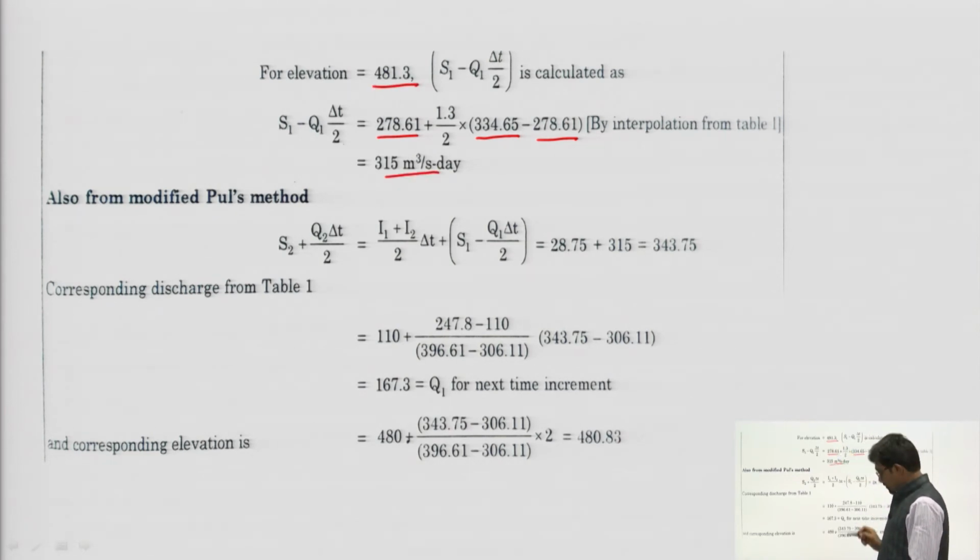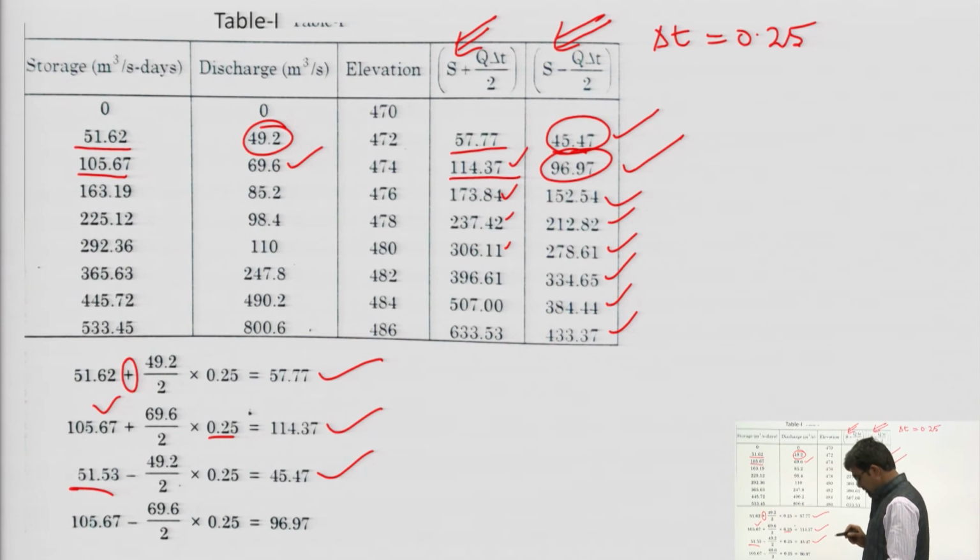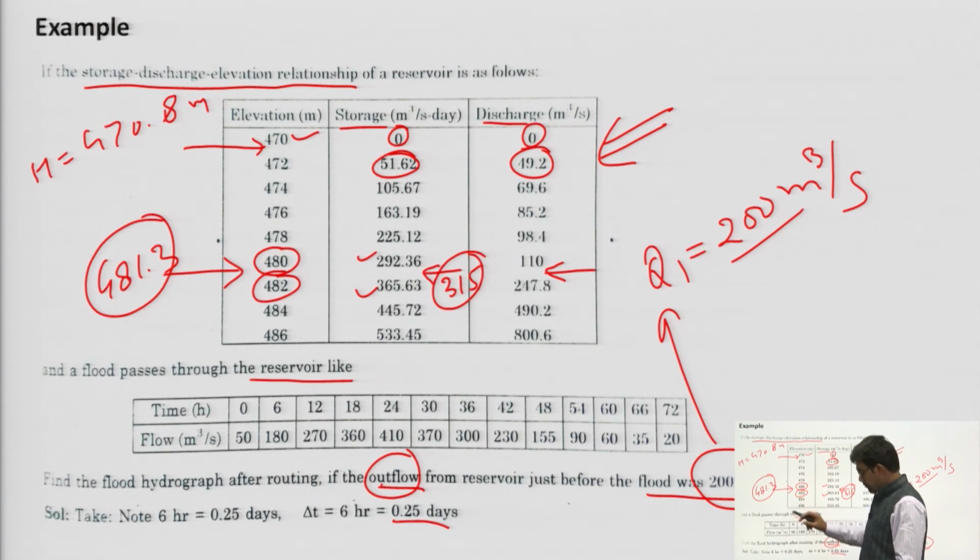So at this, if we know this value, then S2 plus this one, it is the summation of these two, and if we know this value, then elevation can be calculated, and the elevation at that storage elevation is this one, 481.3.